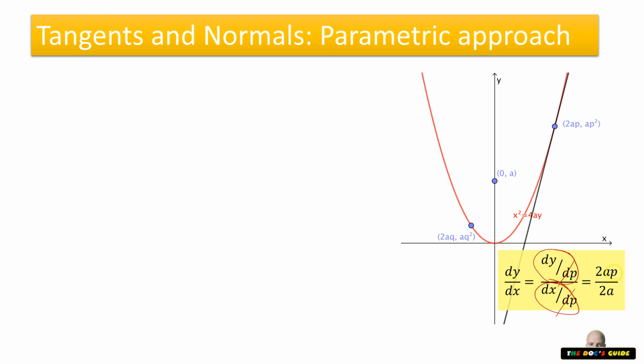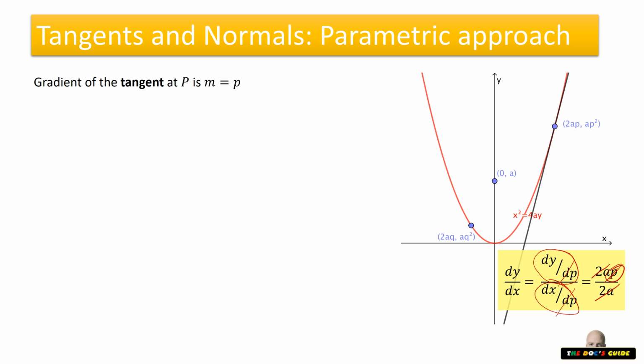So dy/dp is 2AP, that 2 multiplied down out the front, and dx/dp is 2A. So the 2A cancels out. What we're left with is that the slope of our tangent anywhere is P.